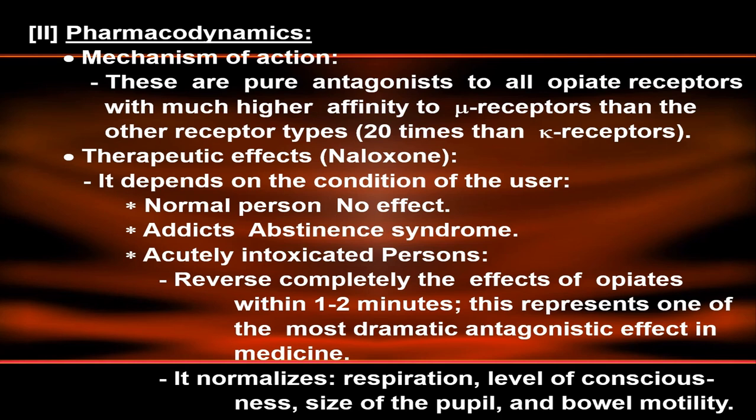When given to acutely intoxicated persons, it completely reverses the effects of opiates within 1 to 2 minutes. This represents one of the most dramatic antagonisms in medicine. It is a magic drug in medicine. It normalizes respiration, level of consciousness, size of the pupil, and even bowel motility within 2 minutes.